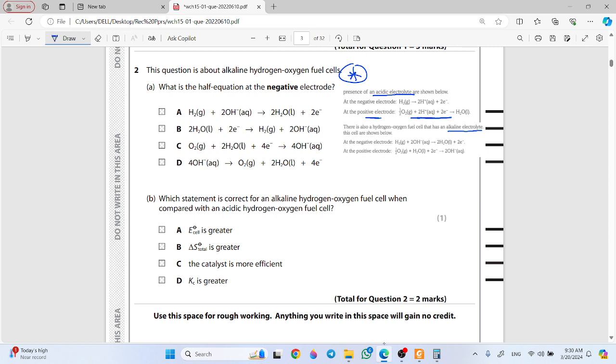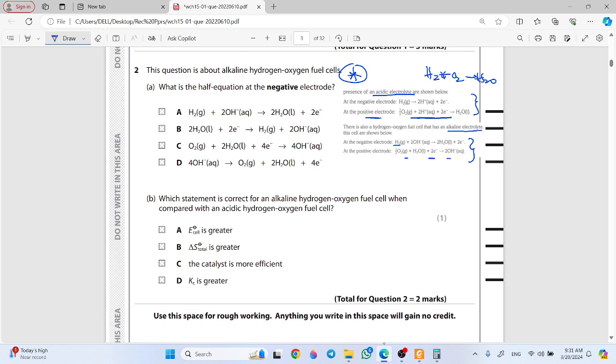Anyway, the overall reaction in both cases is H2 plus O2 gives water, right? In alkaline condition, H2 and OH minus give water first, and after that OH minus is regenerated. These two equations are very, very important, right? So you all have to know them, right?